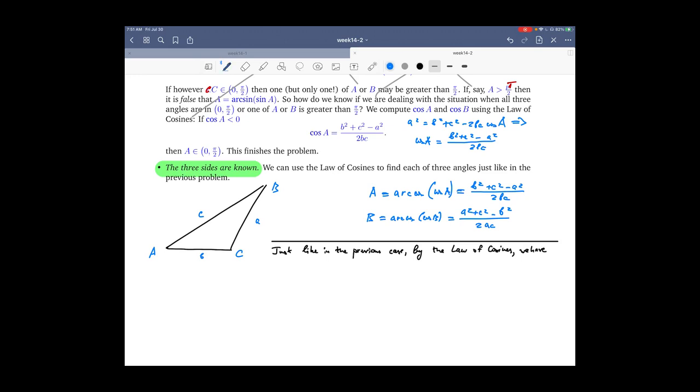We can write that c squared equals a squared plus b squared minus 2ab cosine c. And from here we can find c as arc cosine of a squared plus b squared minus c squared divided by 2ab.